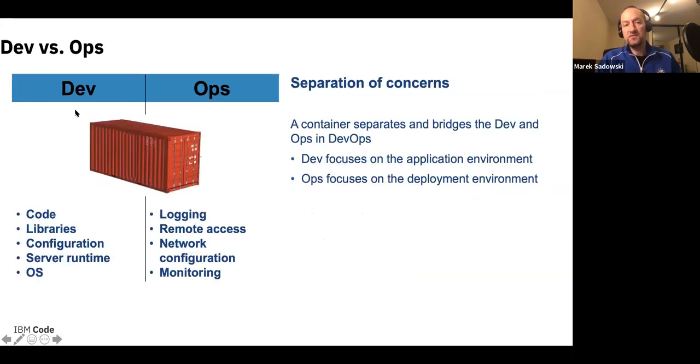The other thing that is very important about containers is that now you bring together two concerns. One is development, the other is operations. If you are a developer, you are responsible for code. If you are in operations, you are responsible for logging. And these two worlds are coming together, and we created a new role, DevOps Engineer.